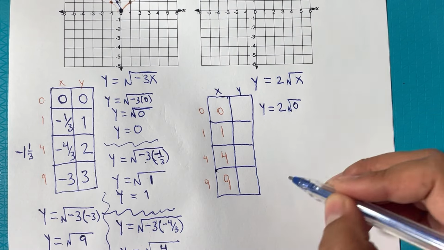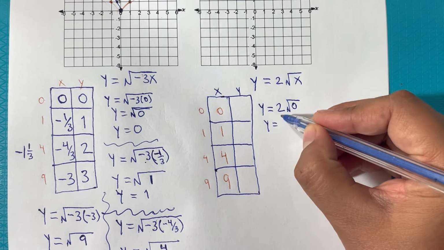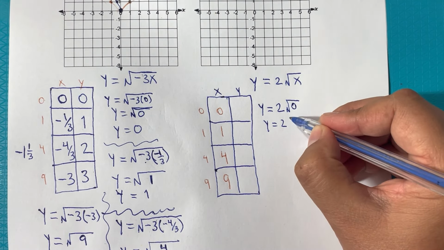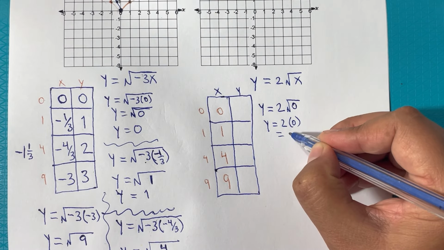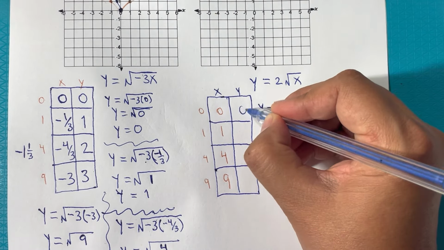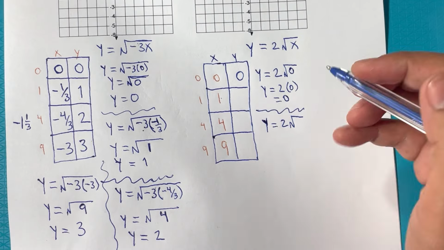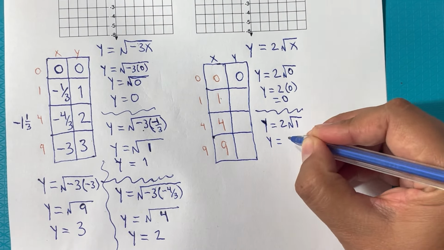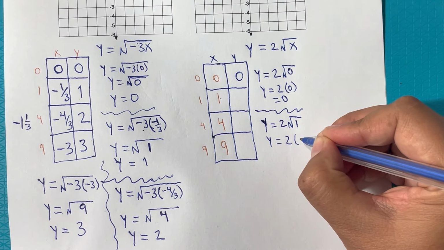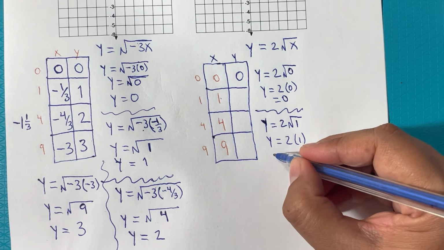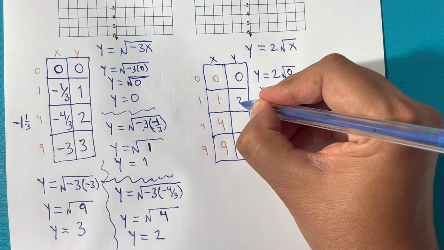So x is 0. That means it's 2 times the square root of 0, which is 0. 2 times the square root of 1. The square root of 1 is 1, and 2 times 1 is 2.